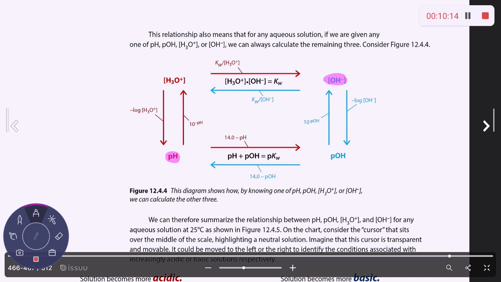What you could do is take 10 to the negative pH to solve for the hydronium ion concentration, and then you could use this equation, which we used in the previous section, where it equals 1 times 10 to the negative 14 to calculate the hydroxide. So this is just sort of like a flow chart for helping you determine an unknown. Does that make sense? I'm not going to go through the whole thing. I think you guys can follow along with the arrows, okay?